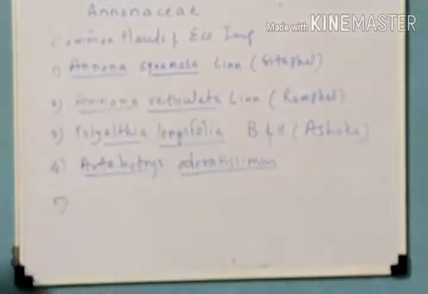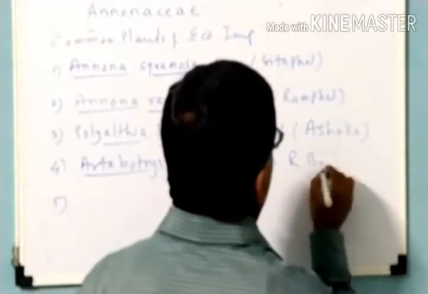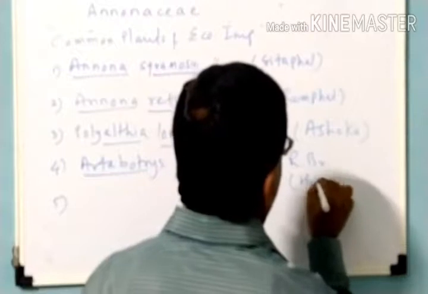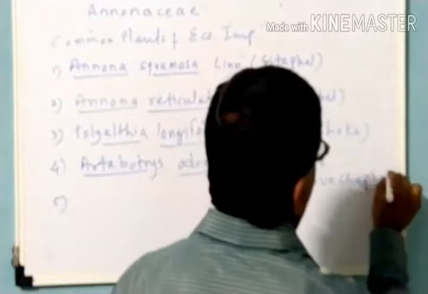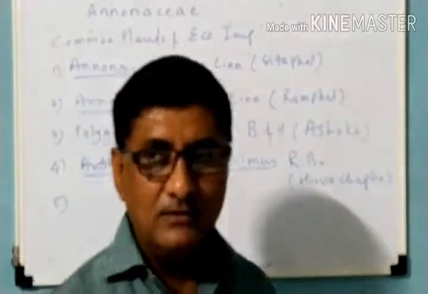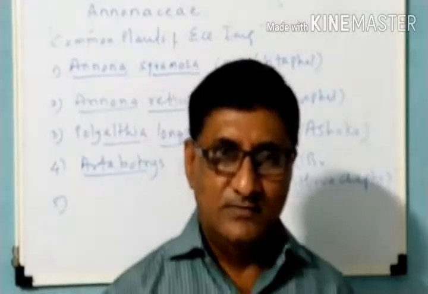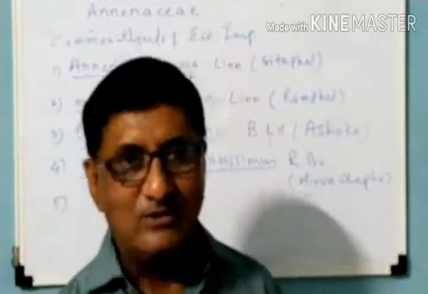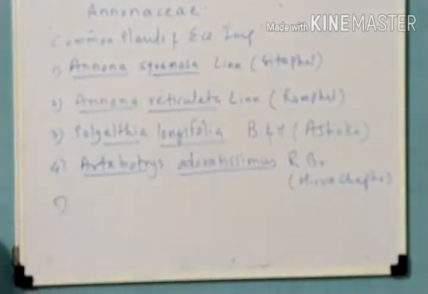The authority is RBR. Commonly this plant is called Hirwa Safa. This is a climber, a garden climber or ornamental climber, planted for its fragrant flower. The fragrance of the flower can also be used to extract perfume. So for this purpose, this garden plant is used.